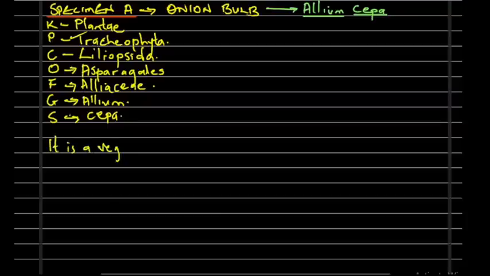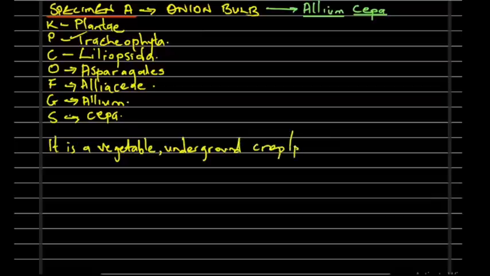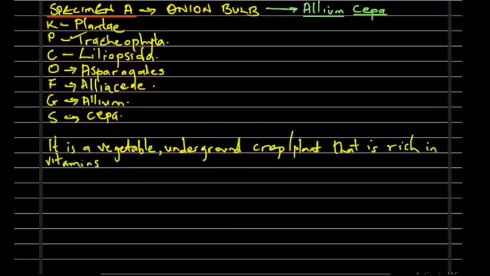It is a vegetable that is grown on the ground, an underground crop or plant that is rich in vitamins. It also has minerals and antioxidants that help to eliminate free radicals.